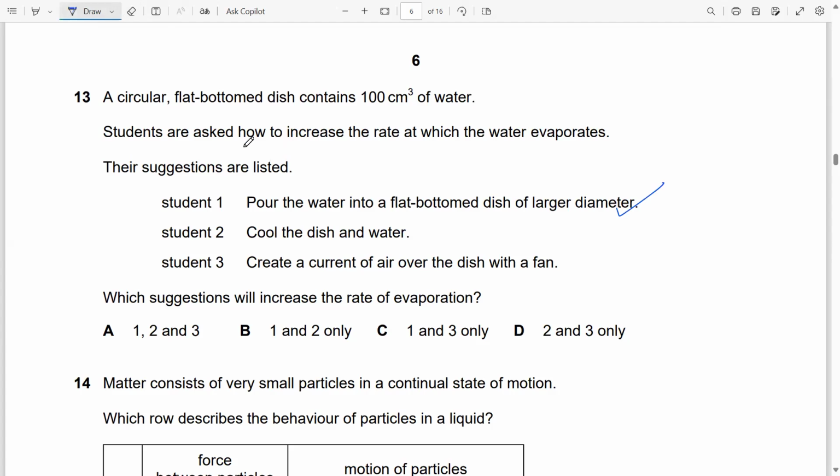Second, cool the dish and the water. With decrease in temperature, rate of evaporation will decrease, so this is wrong. Third, create a current of air over the dish with a fan. Yes, this is right. It will increase the rate of evaporation. Sorry, one and three is the correct answer. One and three only. Option C is the right one.